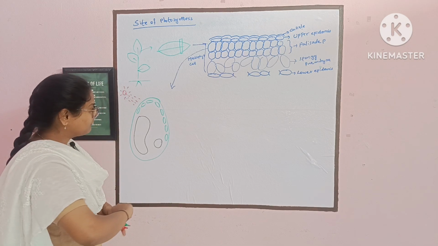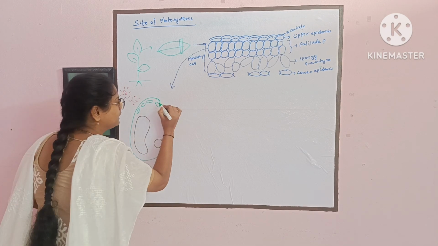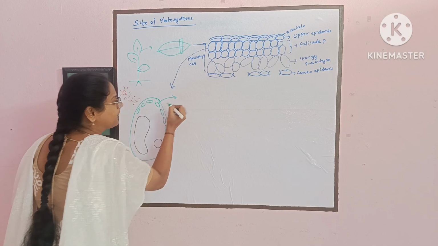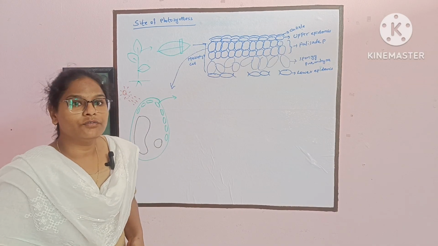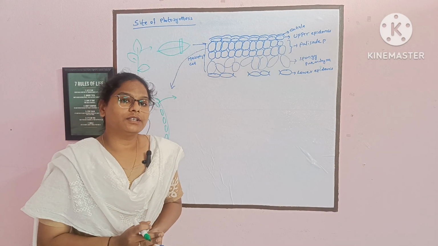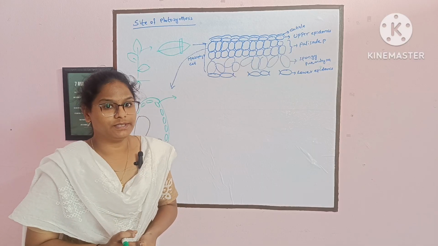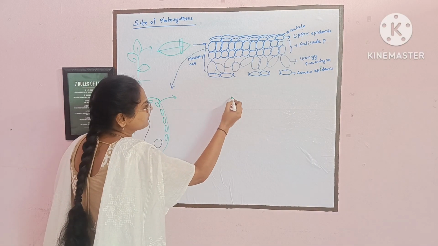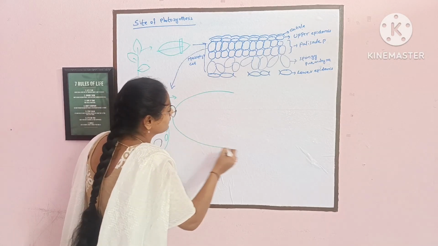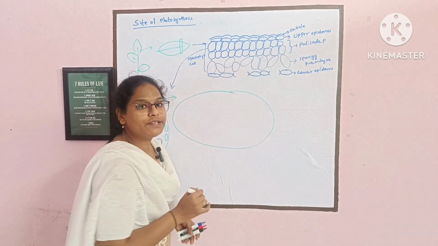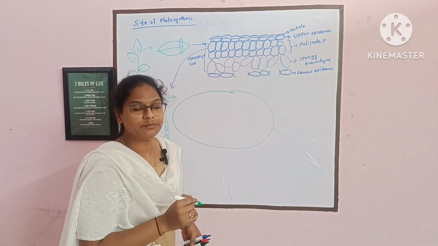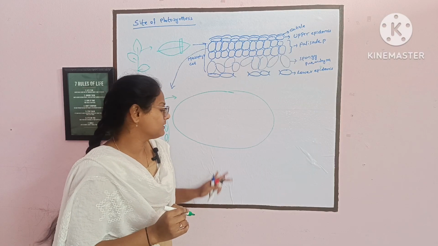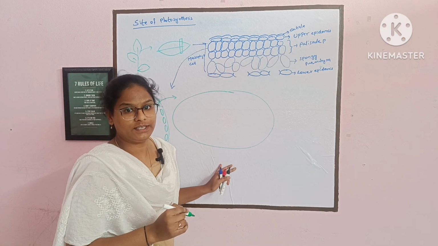Now I am taking one chloroplast to understand where the dark reaction and light reaction are going to take place. One more time, the structure of chloroplast. We all know that chloroplast is a double membrane structure and it is semi-autonomous in nature.